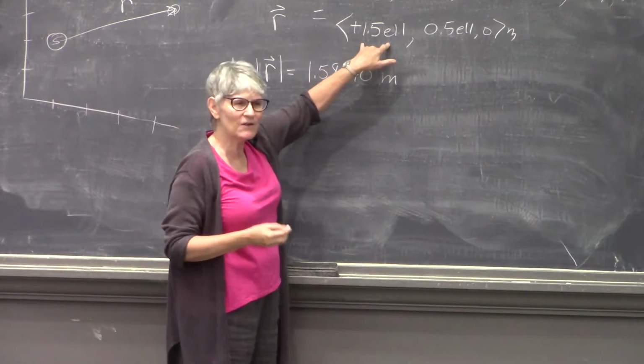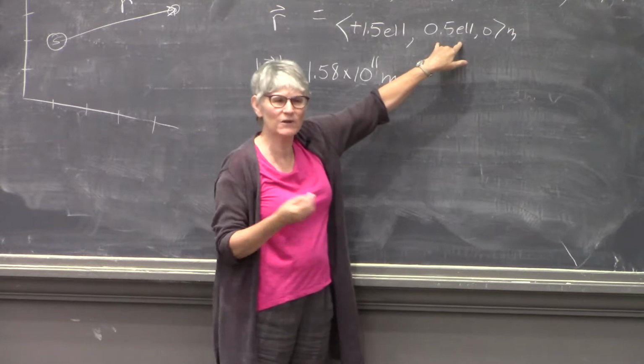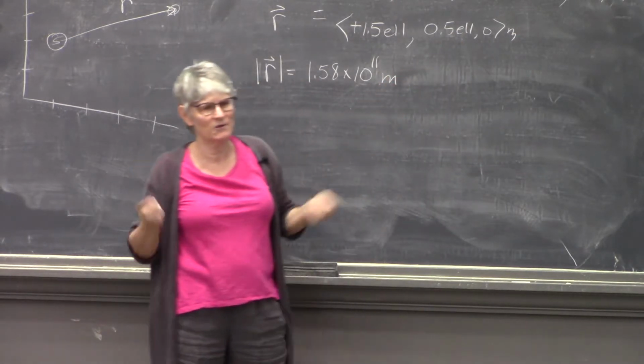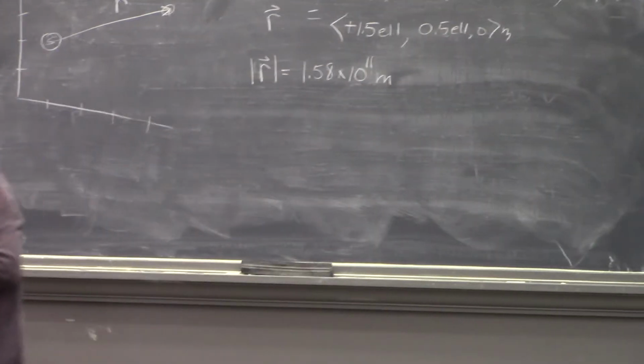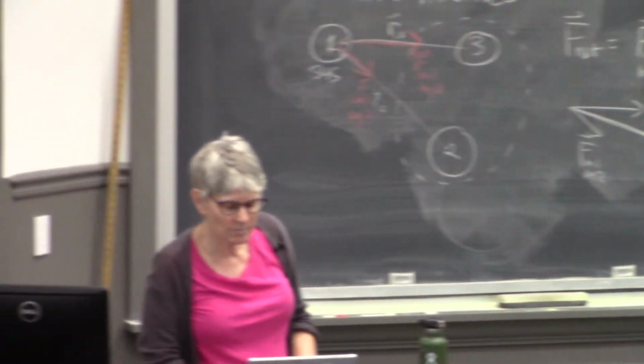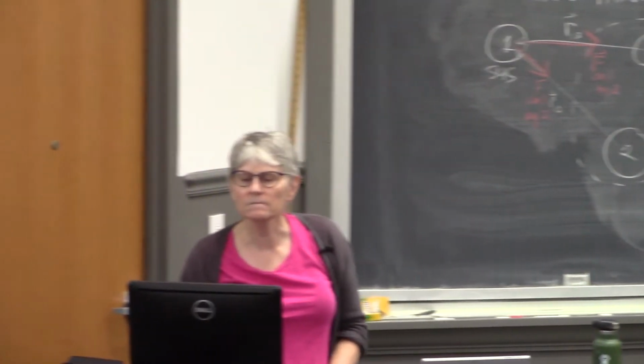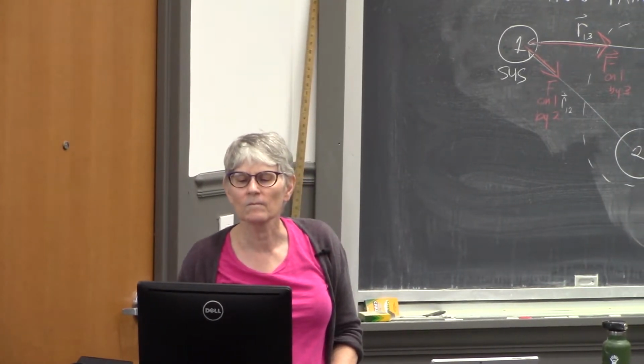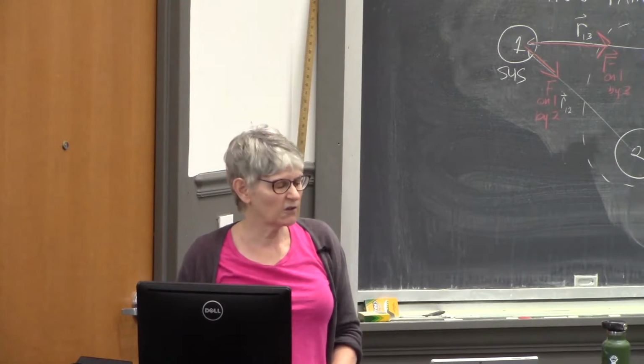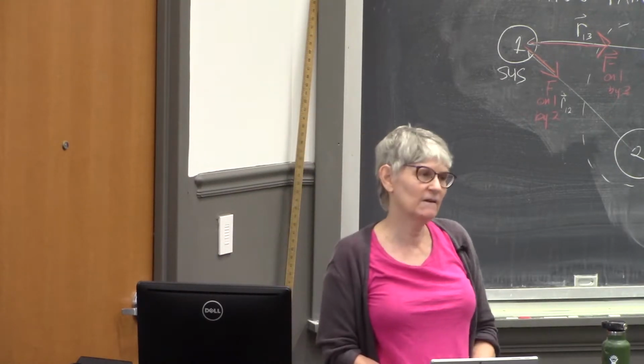That's 1.5 times 10 to the 11th squared plus 0.5 times 10 to the 11th squared, take the square root. And so what's the unit vector r hat? We need r hat.